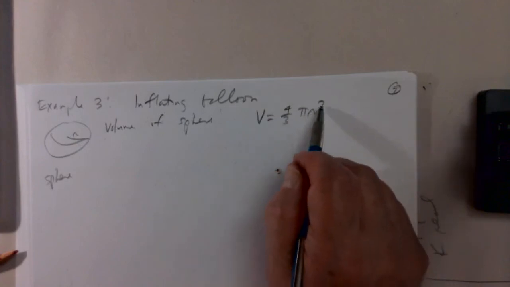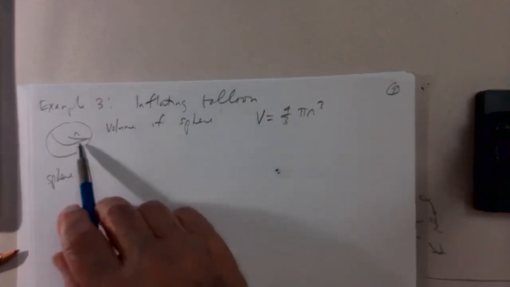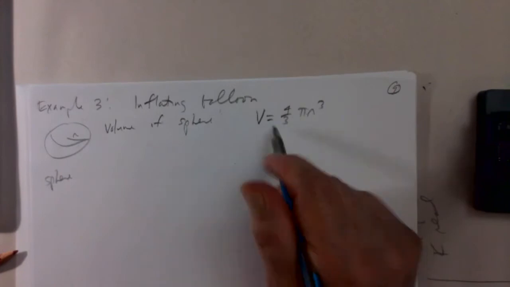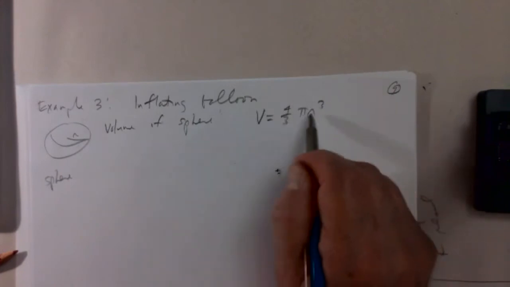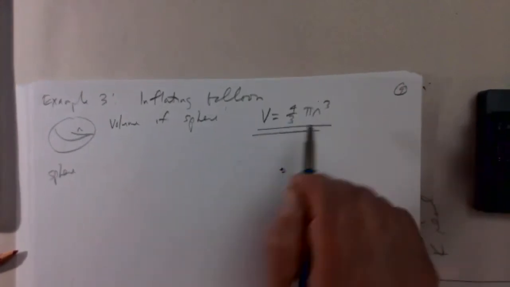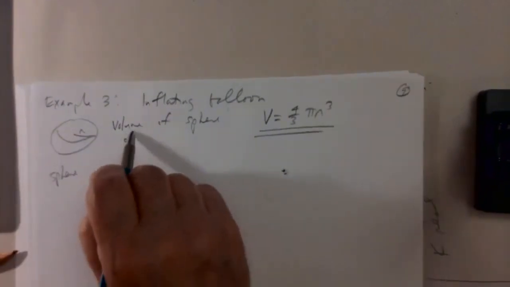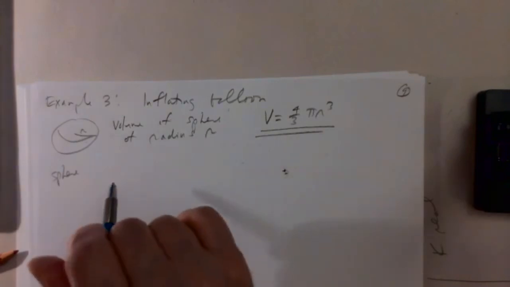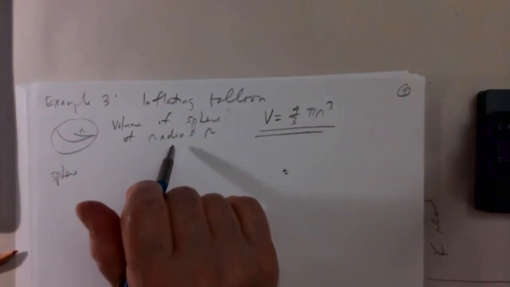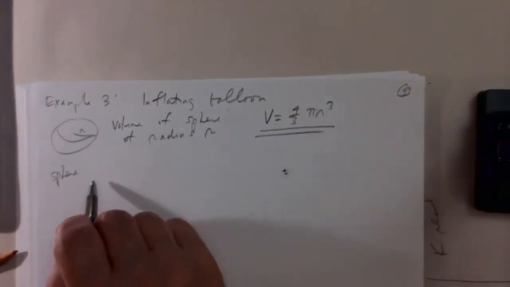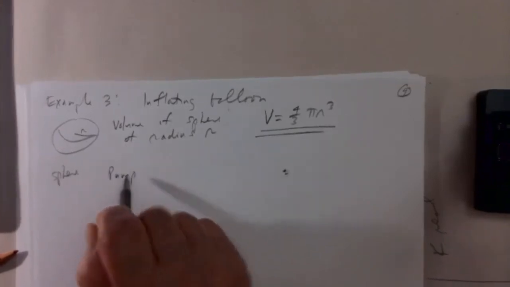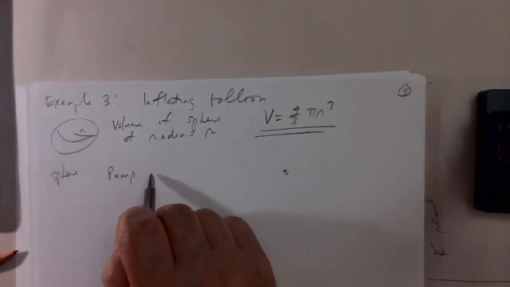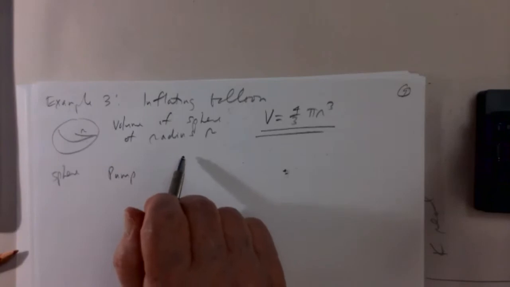You expect it to be r cubed because the dimensions of volume are in cubic feet or inches or meters, whatever is your measure. This is the formula for the volume of a sphere of radius r. So you have a pump that puts in air.